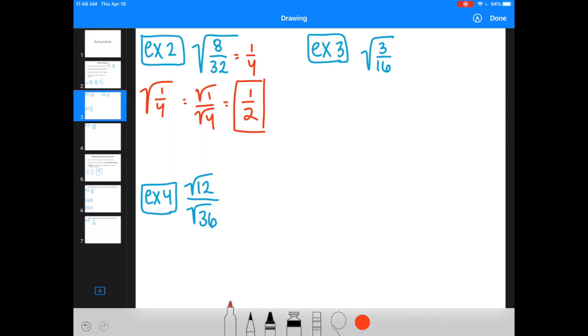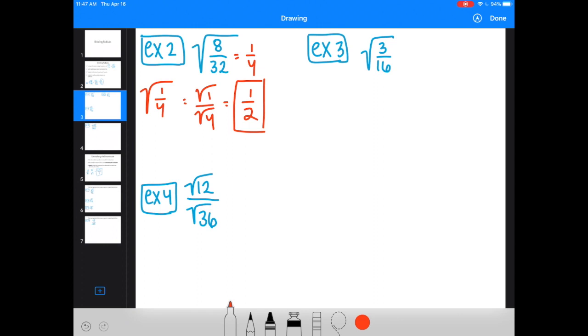We would have eventually gotten down to 1 over 2, but it would just take more work. So within this process, look at your fraction. Say, hey, can I simplify that fraction? Then move forward. So looking at example 3, I have the square root of 3 over 16.